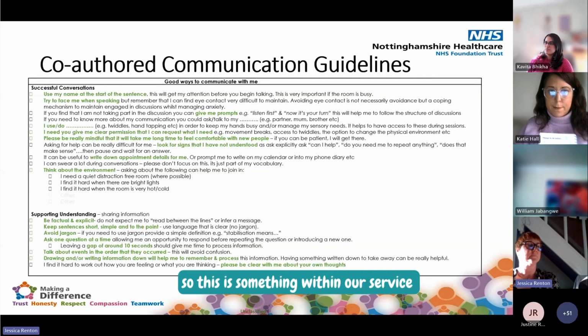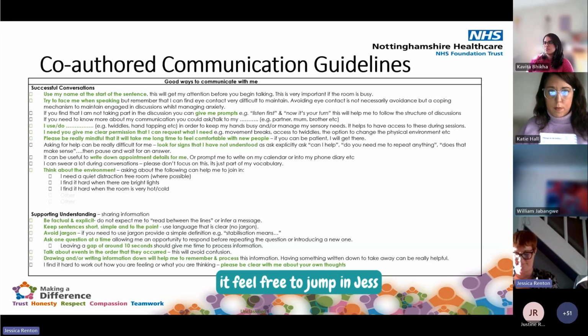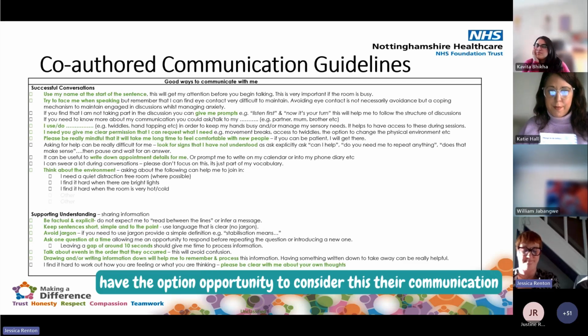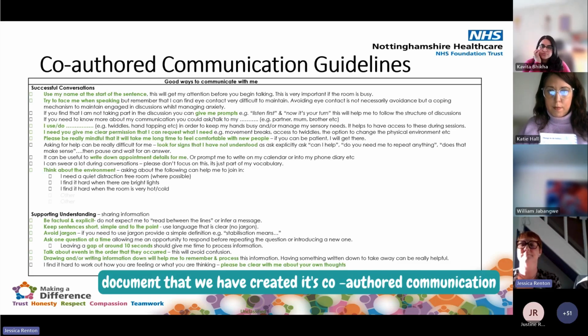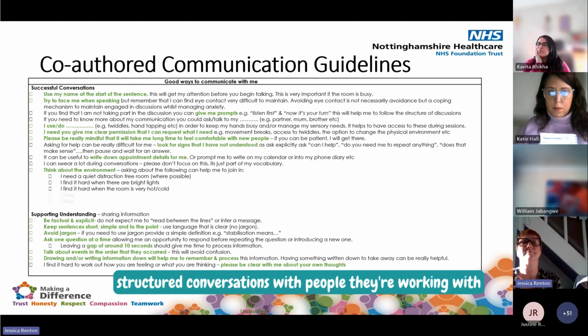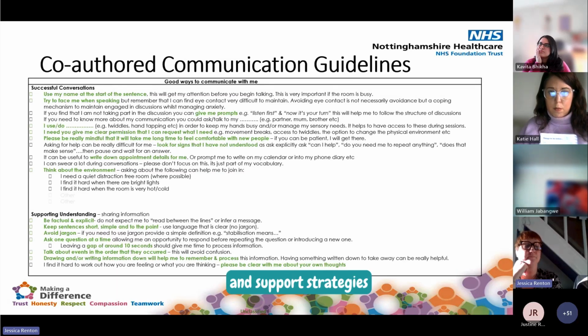So this is something within our service that we offer. If people have been to our consultations, they will be familiar with it. Feel free to jump in, Jess. But very few people have the opportunity to consider their communication needs with support. This is a document that we have created. It's a co-authored communication guidelines tool that clinicians can use to support structured conversations with people they're working with, to think about their communication strengths, needs, and support strategies.